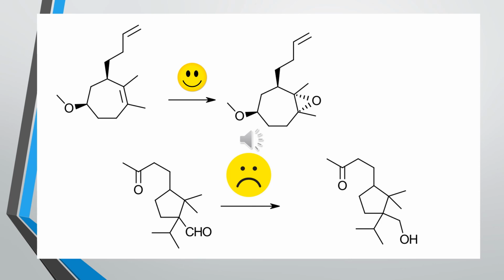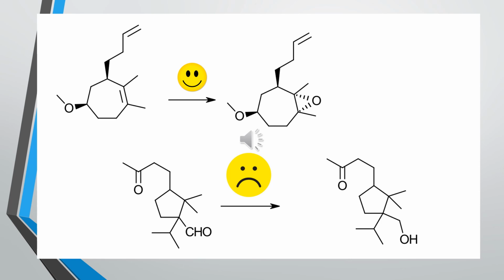But if you studied alkene epoxidation, then you will have learned, and you will learn this, that the more substituted the double bond, the more electron rich it is, and the more electron rich it is, the faster it reacts with the epoxidizing agent, so that you can certainly epoxidize that tetrasubstituted alkene in the cycloheptene ring in the presence of that monosubstituted side chain alkene.